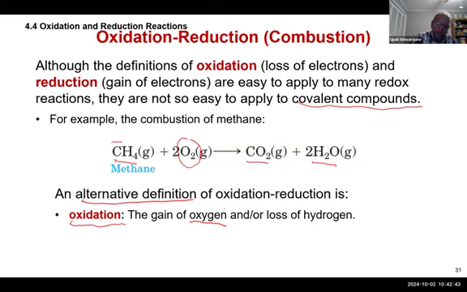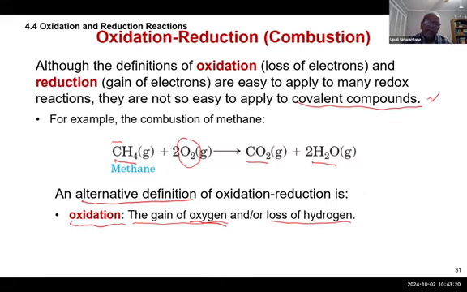Therefore, it's equivalent to loss of electron. Oxidation in ionic compound was loss of electron. In organic compounds, covalent compounds, right here, loss of electron is gain of oxygen. Loss of hydrogen is another way to describe the oxidation.